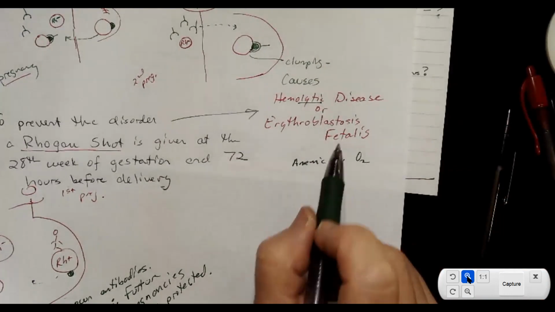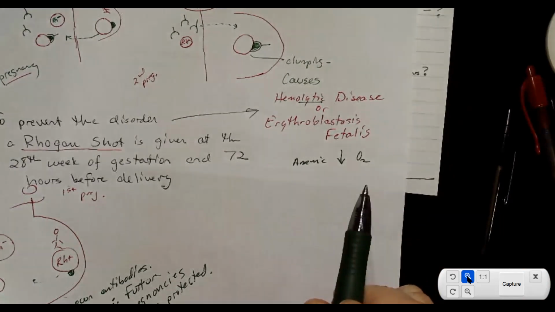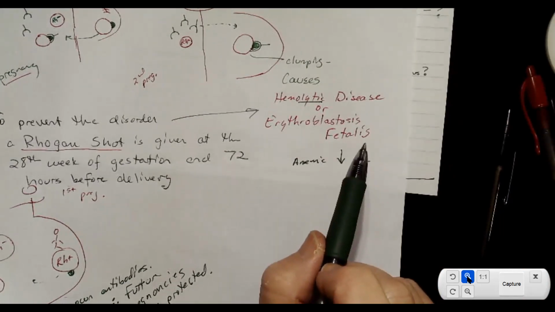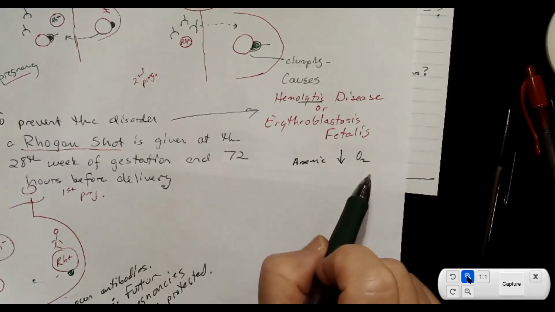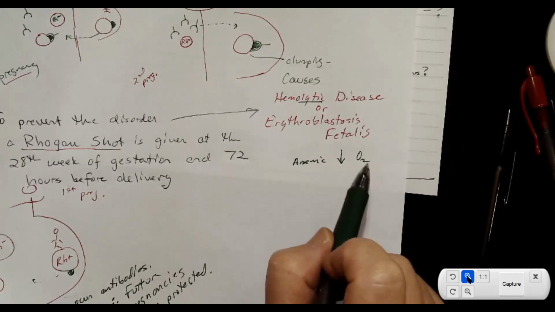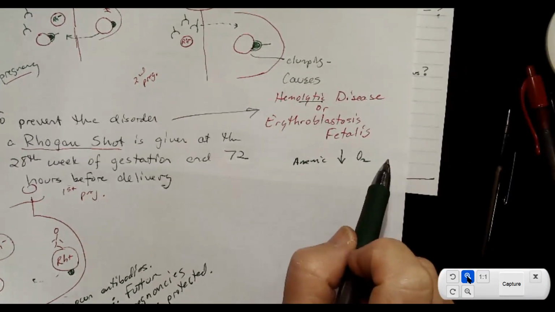So actually what happens is, if its red blood cells are being attacked, the infant will increase EPO secretion, and it's actually making erythrocytes that are immature. And then this leads to all kinds of problems.